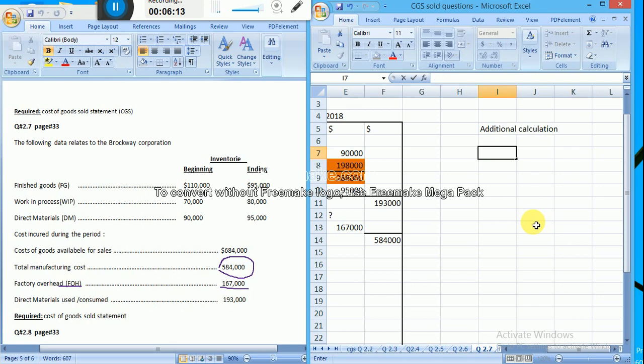I will write TMC, total manufacturing cost, that is equal to direct material cost DMC plus direct labor cost DLC plus FOH cost.